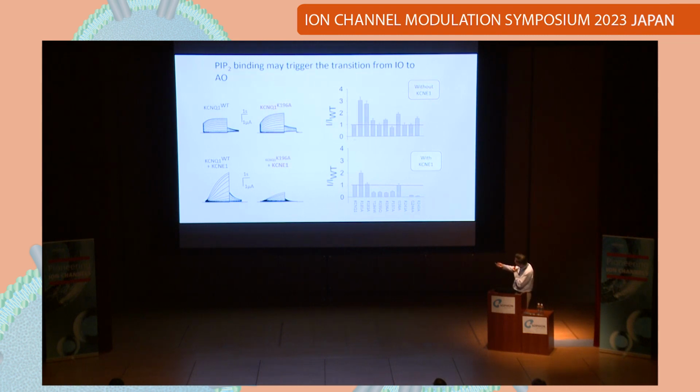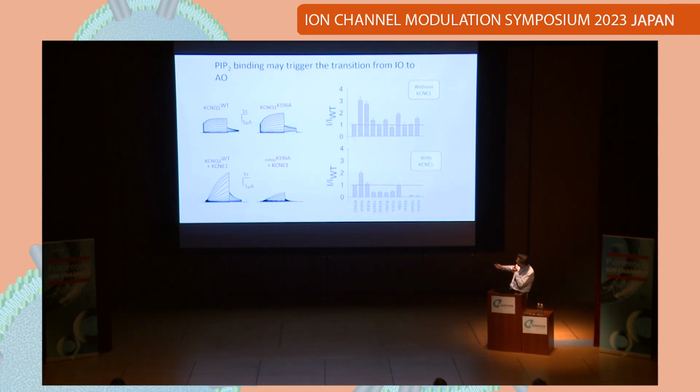So we then made mutations of all of those PIP2 binding residues, and we found, interestingly, that it would not affect too much of the current when it is KCNQ1 alone, or would increase the current, but it mostly will decrease and eliminate the current when KCNQ1 is expressed with KCNE1.